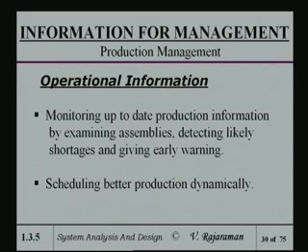And then the operational manager, the line manager who is in the production shop, has to look at what is happening day to day in terms of production information by examining assemblies, detecting likely shortages and giving early warning so that he can buy the items and schedule production better dynamically, because no company has an absolutely stable system. While production is going on, some machine may fail.